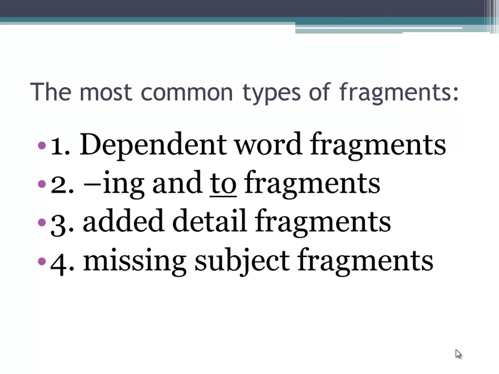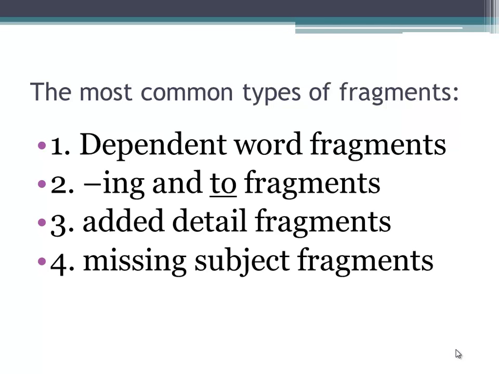And then to fragments. Anyone remember what type of fragment they are? Preposition? Yep, they could be prepositions, and we also call those infinitives. So when the word to starts a phrase, it makes an infinitive phrase that should never start a sentence without a comma.